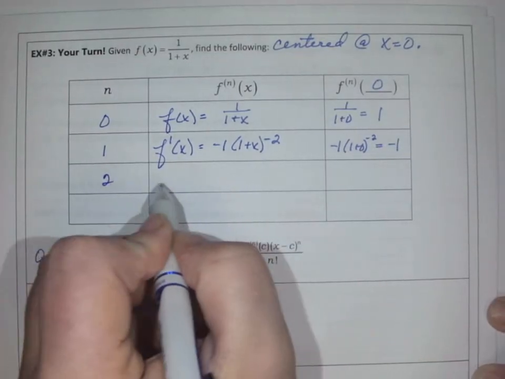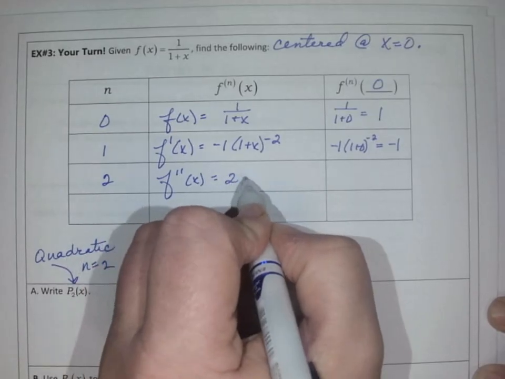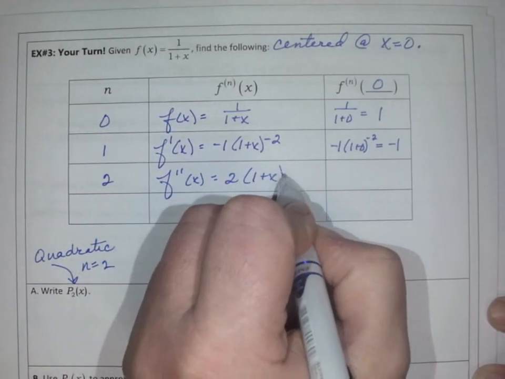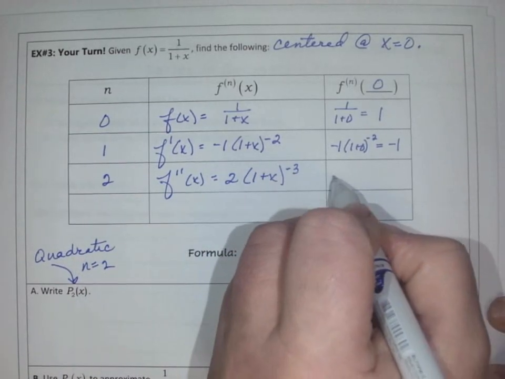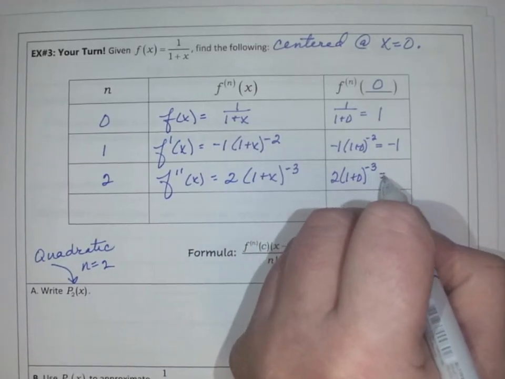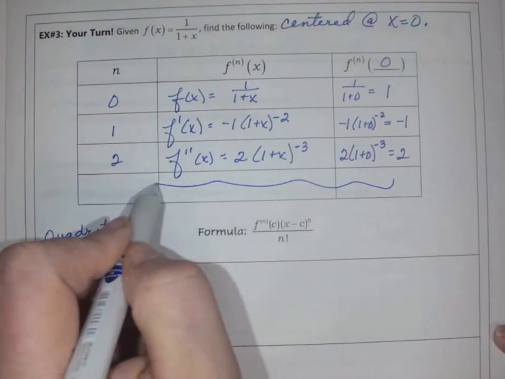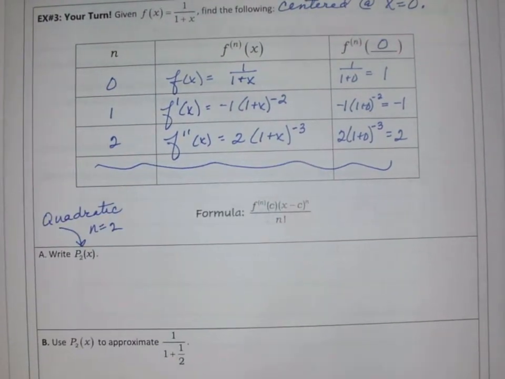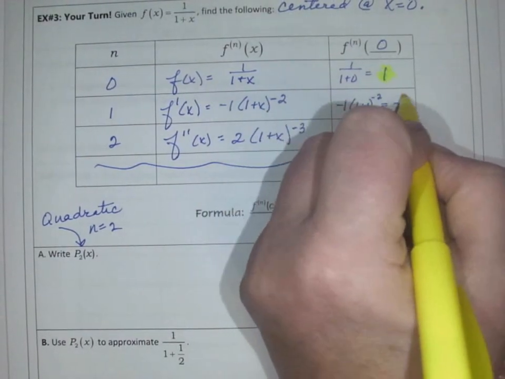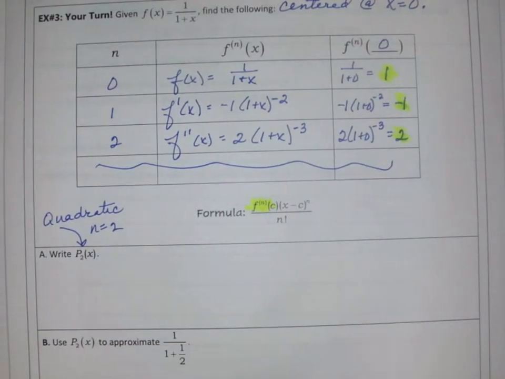And for 2, I have f double prime of x, which would be 2 times 1 plus x to the negative 3, which would be 2 times 1 plus 0 to the negative 3, which would be 2. And then since we only want a quadratic, we don't need our next line. So then again, here are our derivative values, and they are going to fill in right there.